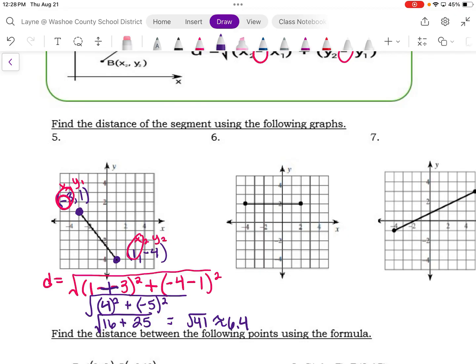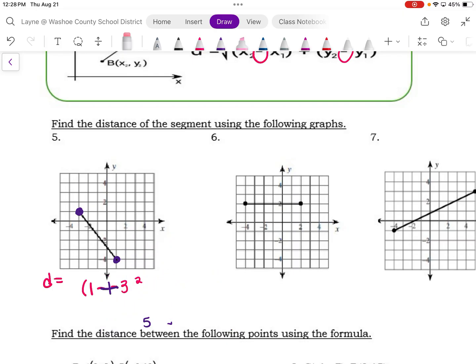Now I'm going to show an alternative method for how we can do this without using the formula. And that is going to be using the Pythagorean theorem. So what that's going to look like is we are going to create a triangle from our line segment.